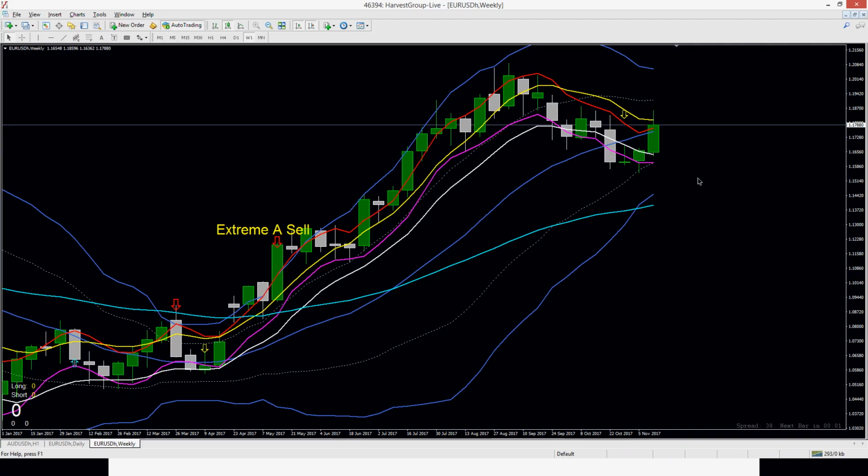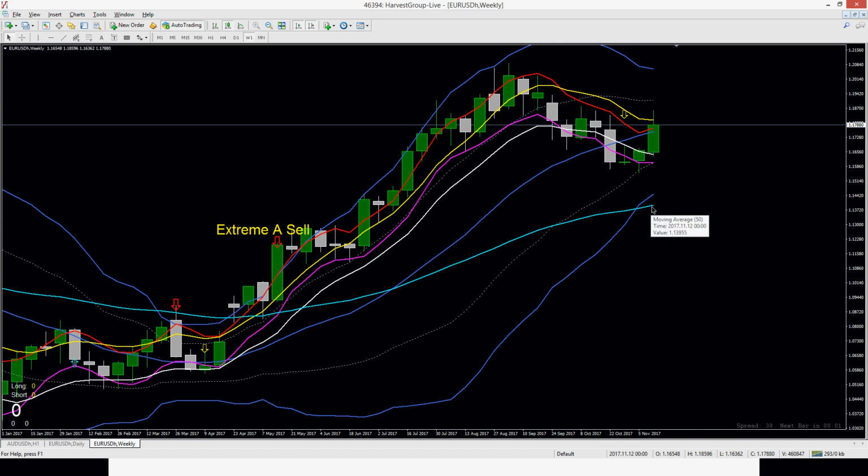Okay, so looking at the weekly time frame, we know that this is an uptrend because EMA is below the mid BB. Okay, however, the price is just about on the middle part because it's in the middle of the Bollinger Band. But what you need to understand here is that MA50 is outside of the Bollinger Band.